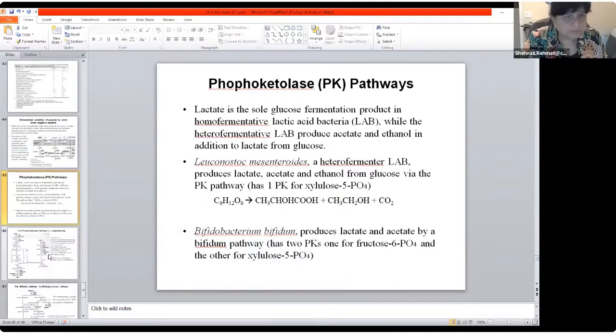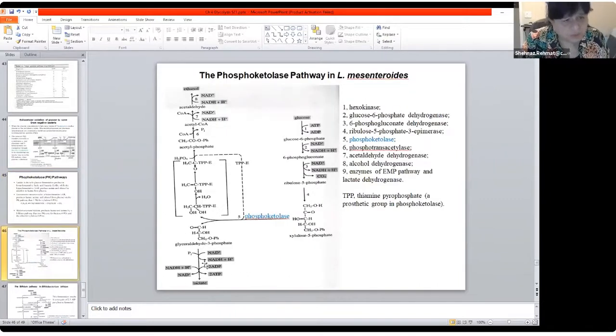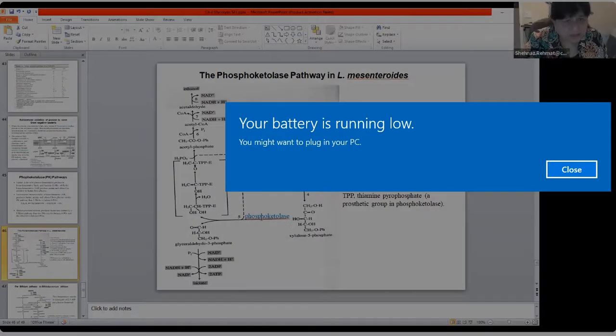So here we go. The pathway is being shown where you are starting with the phosphoketolase enzymes that are being used in this pathway. Your glucose is coming through, and you come up to the xylulose 5-phosphate. Remember, this is part of your HMP.